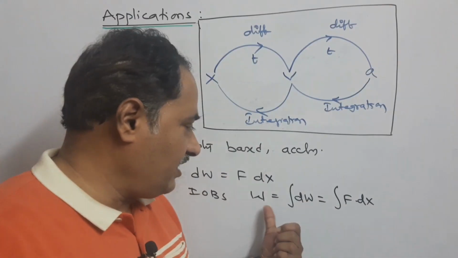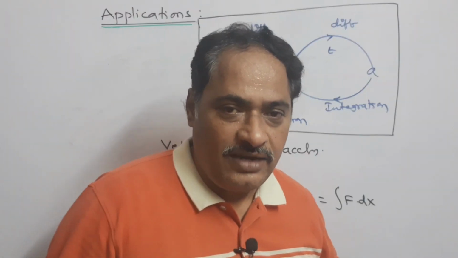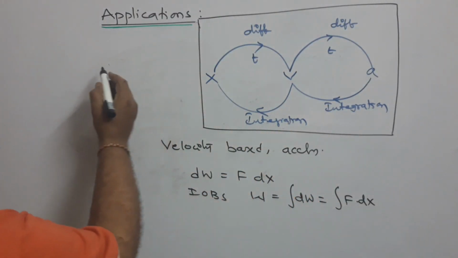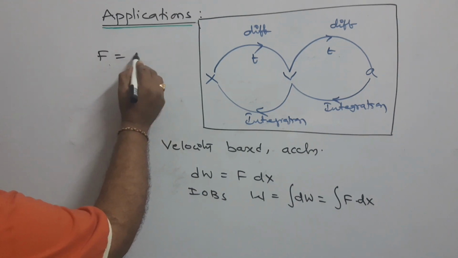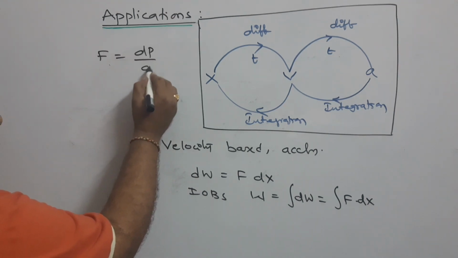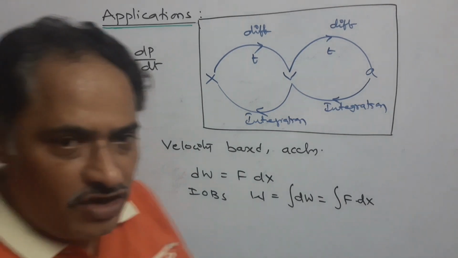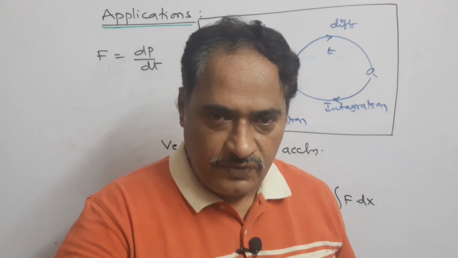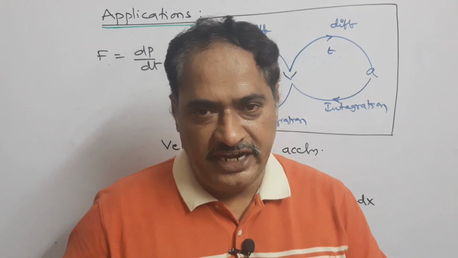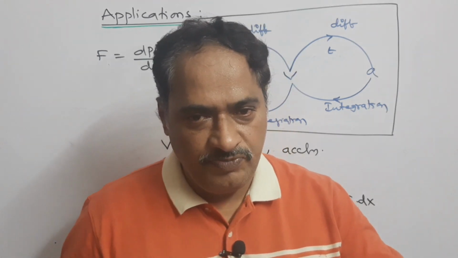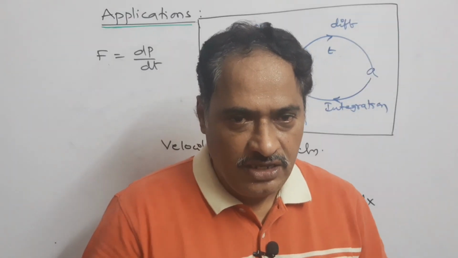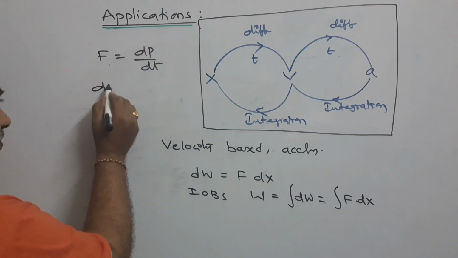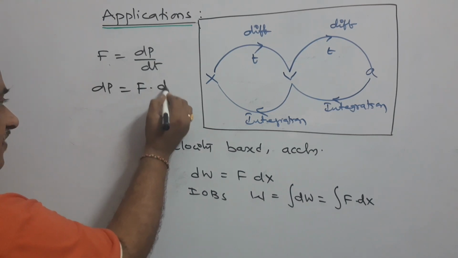Therefore, for work done you can take integral F dx. Similarly, according to Newton's second law of motion, F is equal to dp by dt. The rate of change of momentum is directly proportional to the external force acting on it. F is directly proportional to dp by dt, F equals dp by dt. The constant of proportionality is 1. Then dp is equal to F dt.